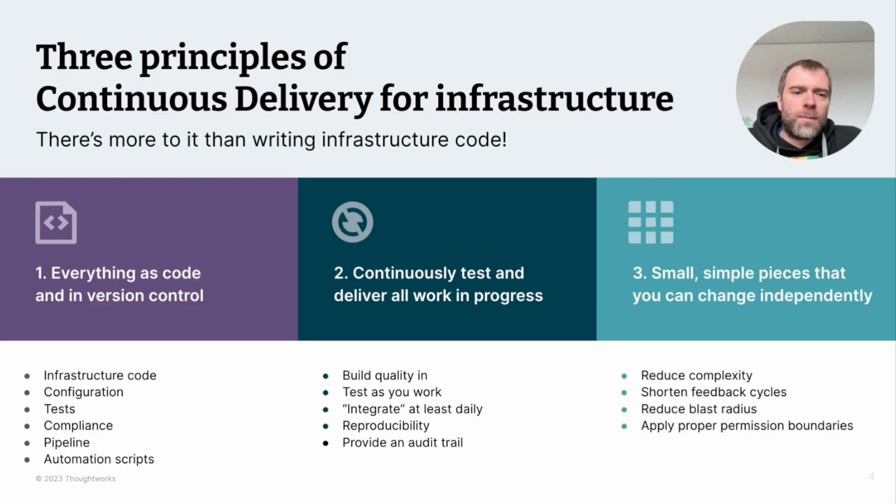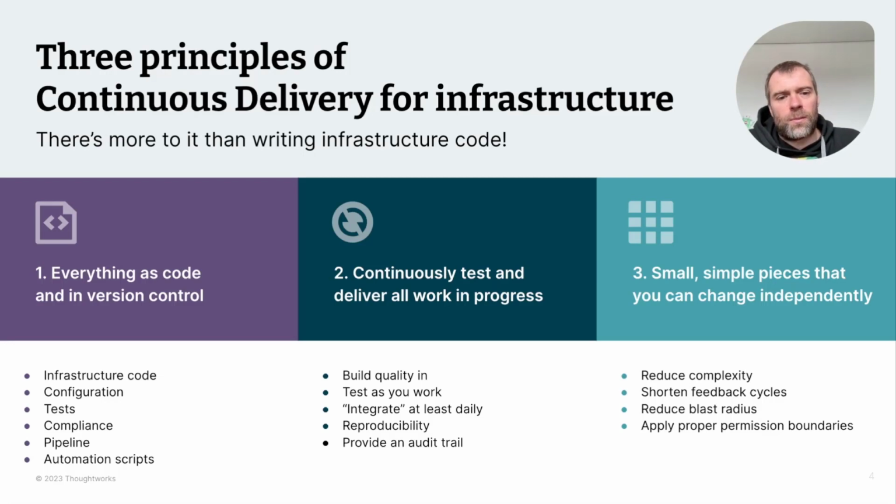And the third and last principle is that you want small, simple pieces of infrastructure that you can change independently. And by that, reduce the complexity of the changes, but also of the infrastructure code as such. You have shorter feedback cycles because both the pieces that you manage, but also the changes that you apply to the code are rather small.